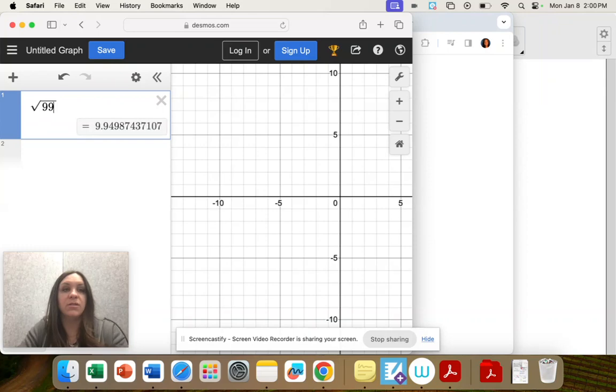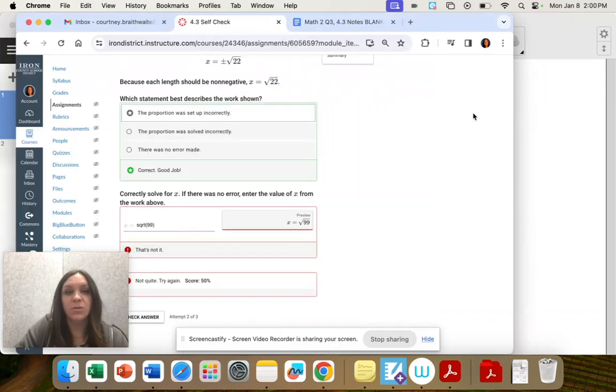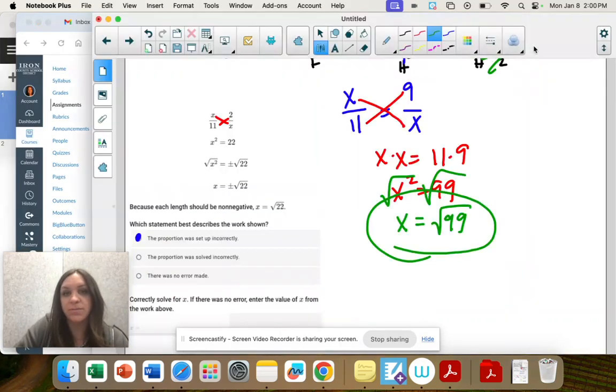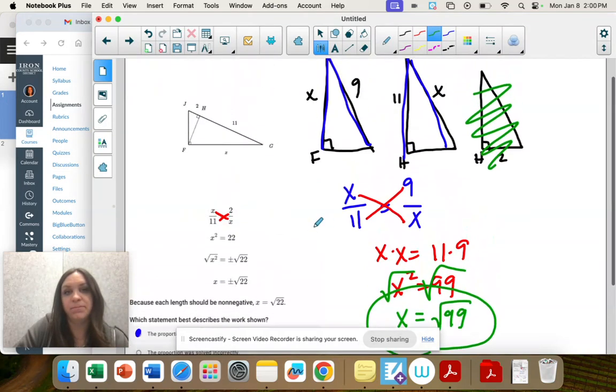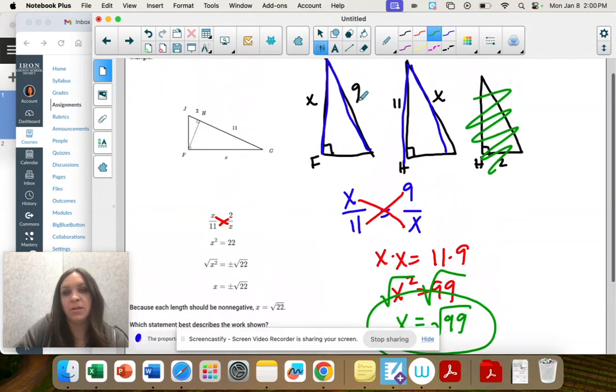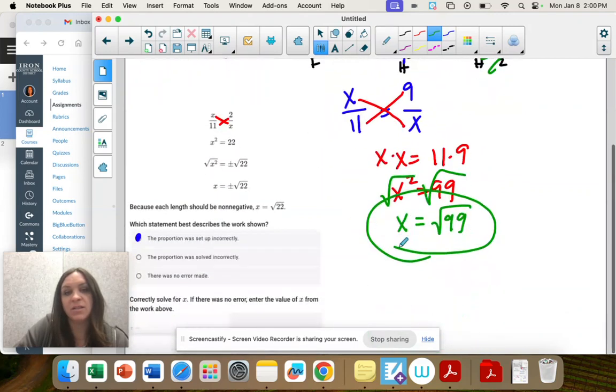Pretty sure that's a decimal. Where'd we mess up? X to 11, 9 to x. Correctly solve for x if there was no error. Enter the value from x above.